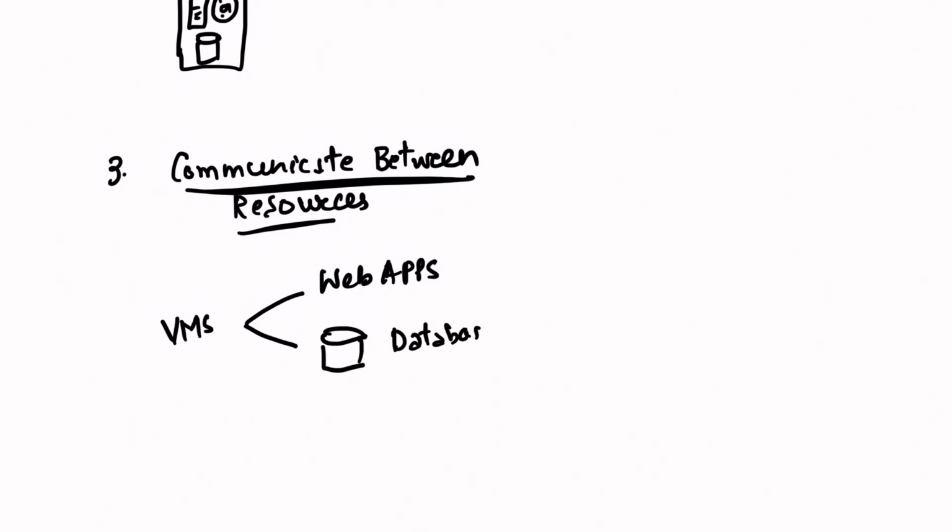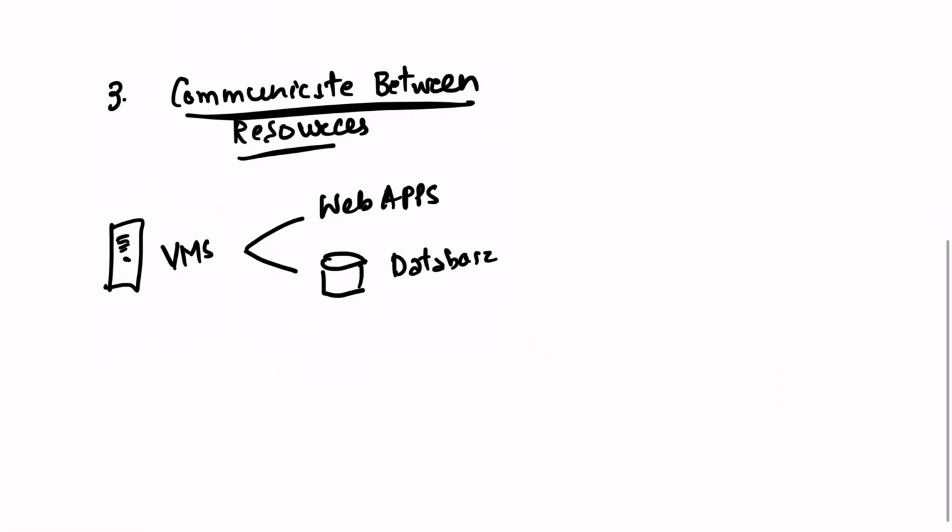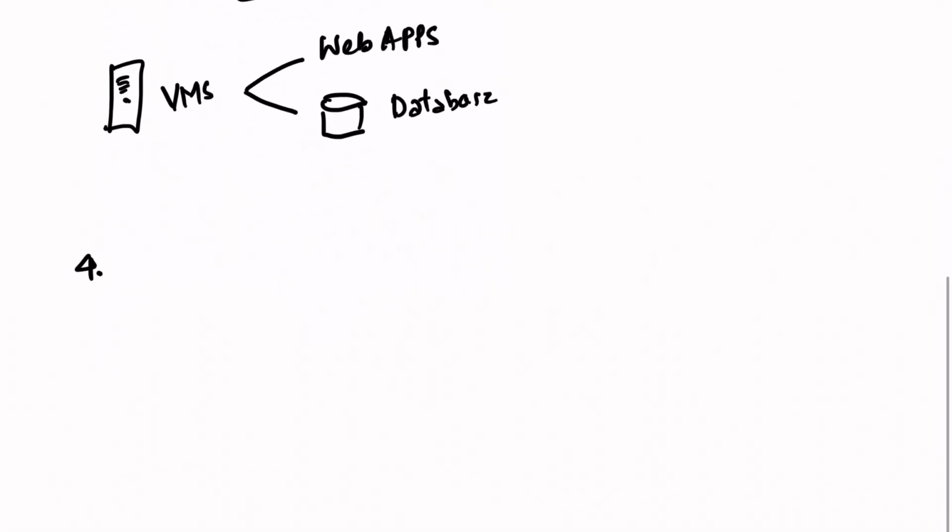Also, we can define public endpoints, and these public endpoints can be used by other applications to access databases and storage. This way we can optimize the security of the virtual machines so that only authenticated people can access these resources.